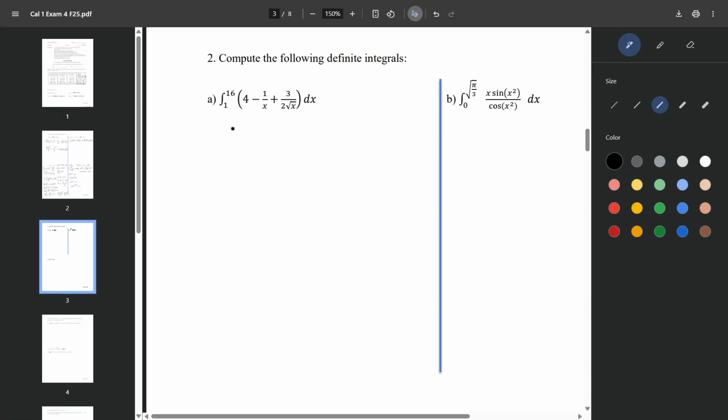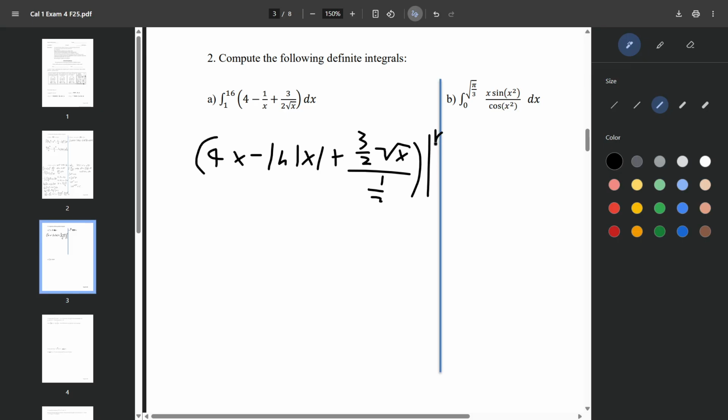The integral of this would be 4x minus ln of the absolute value of x plus, and this is going to be a bit tricky, 3 halves of root x divided by 1/2, from 1 to 16.